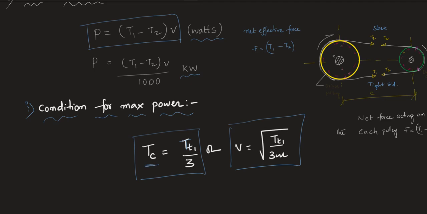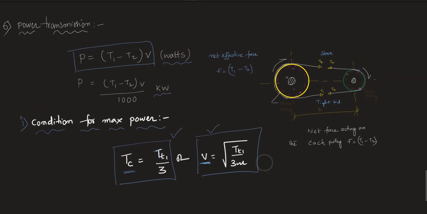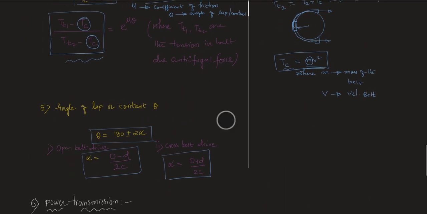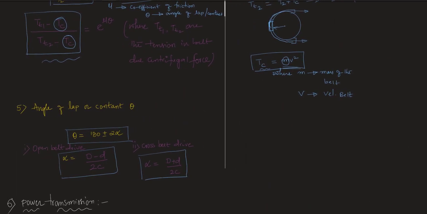If this is equal to the centrifugal tension, then the maximum power will be delivered by the belted drive. Alternatively, another condition: the velocity of the belt should be equal to the square root of capital T1 by 3m. If we attain either of these two conditions, then maximum power can be transferred by a flat belted drive. Hope you have got it.